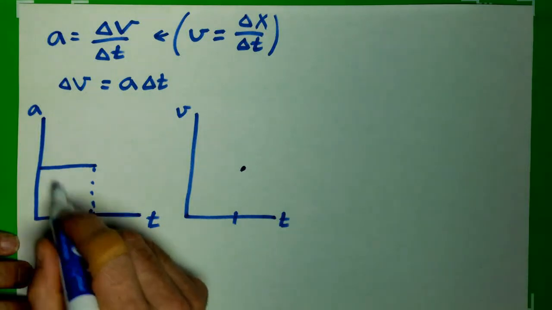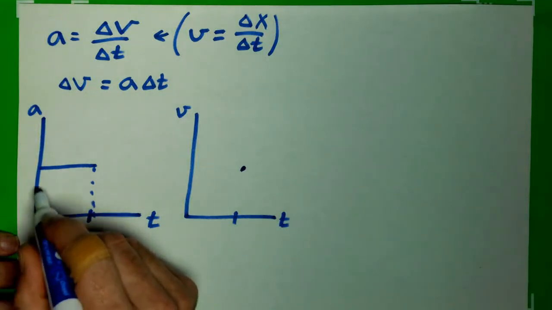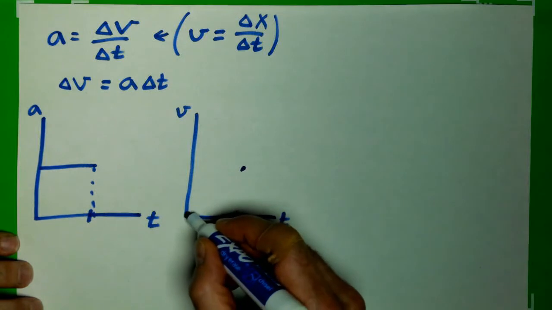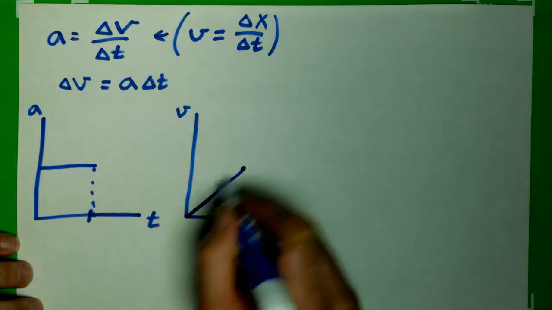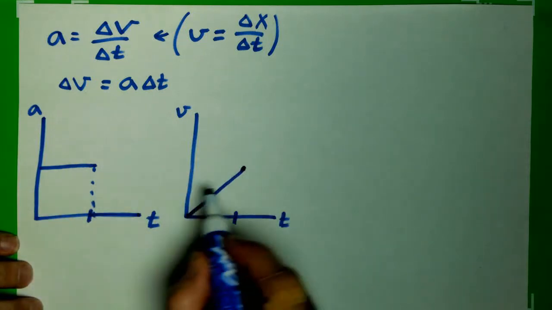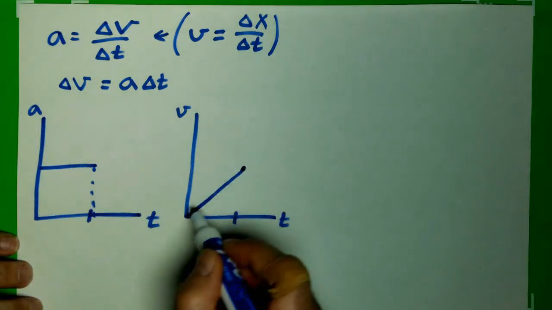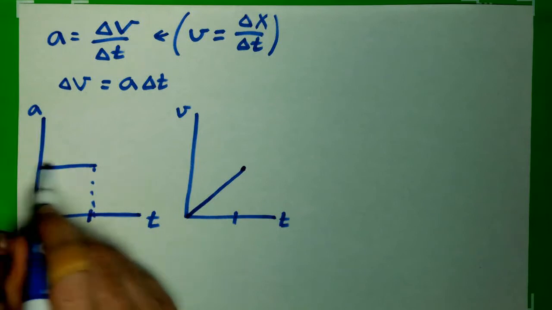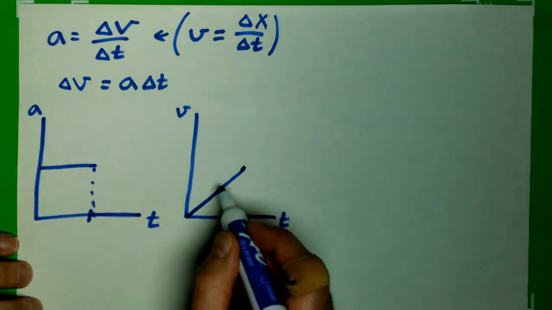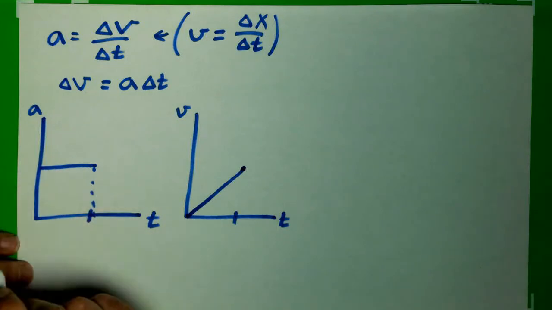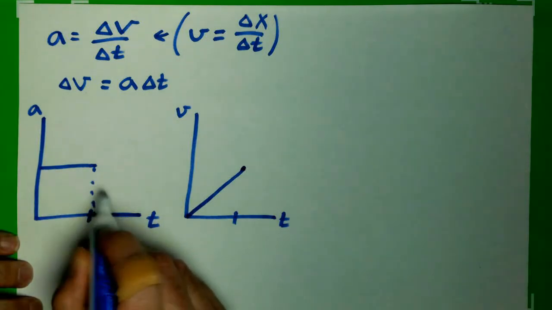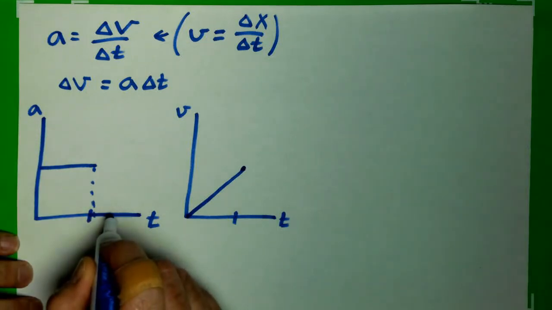Half that time I had half the area, a quarter that time I had a quarter of the area, and so that shows that I have this linearly increasing line, which should make sense because the slope is constant, given by the constant value over here. The slope on a velocity versus time graph is equal to the value on an acceleration versus time graph.